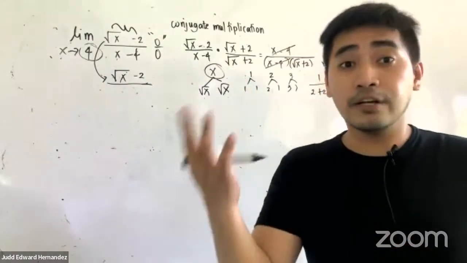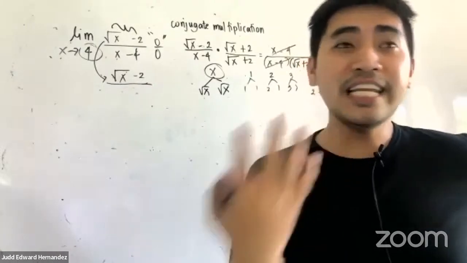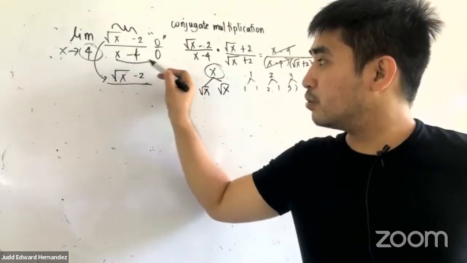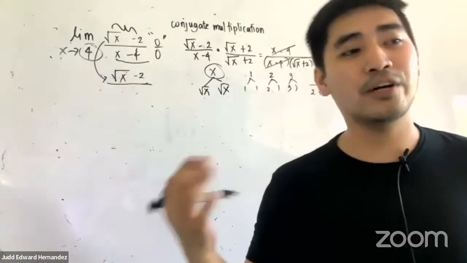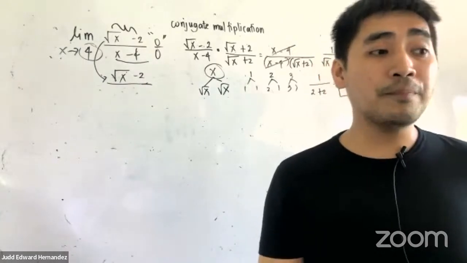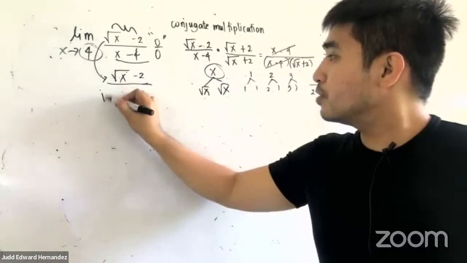Right? Therefore, pwede pala tayong mag-factor ng linear. Ng linear lang. Pag sinabi nating linear, ganito yung equation niya. X minus 4, x plus 5, x minus 7. Okay, so pwede pala tayong mag-factor ng linear. So in this case, this becomes square root of x.